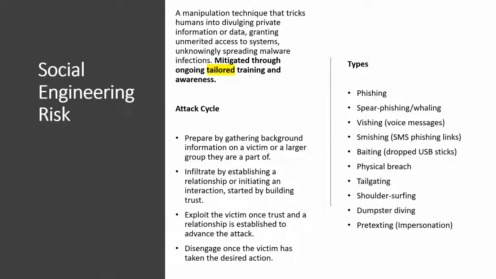In some cases, our employees may unwittingly share this information, resulting in the spread of malicious software or malware across our workplace systems. How do we mitigate social engineering risk? We can only do that through ongoing tailored training and awareness sessions.